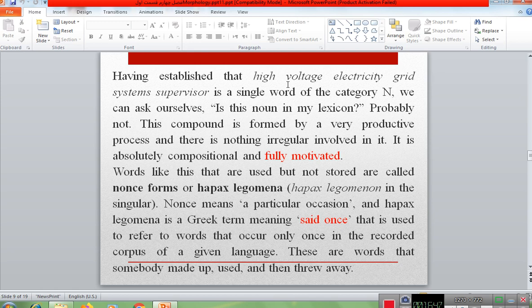We don't store this kind of nonce forms in our memories. So the existence of nonce forms is one type of evidence that speakers create words on the fly as they speak.